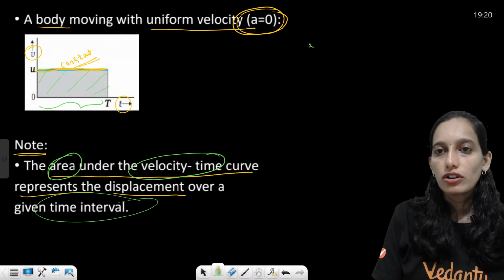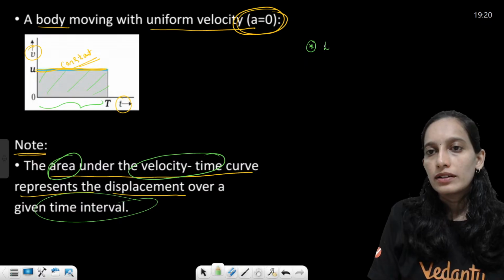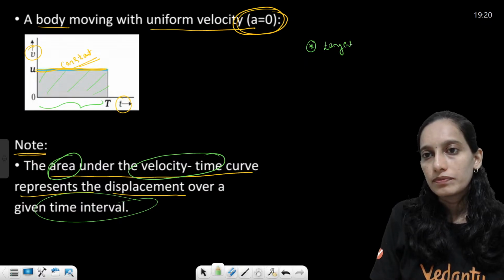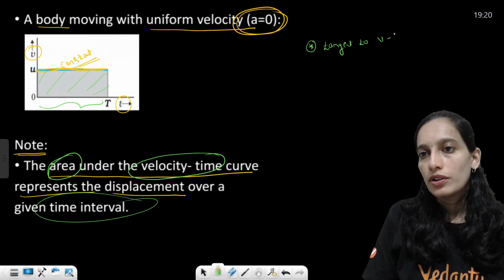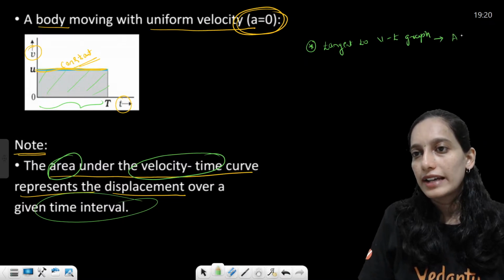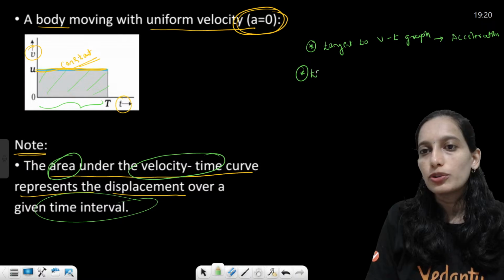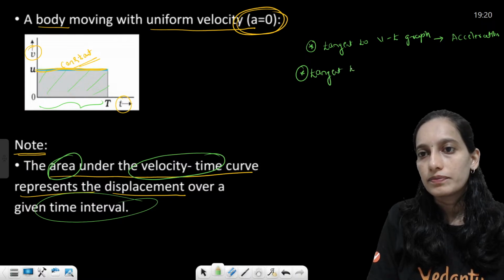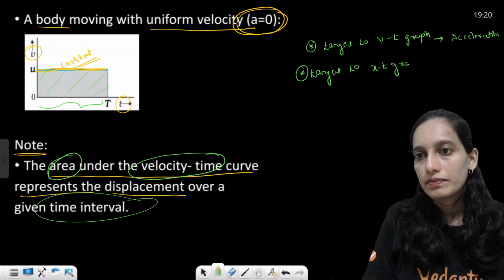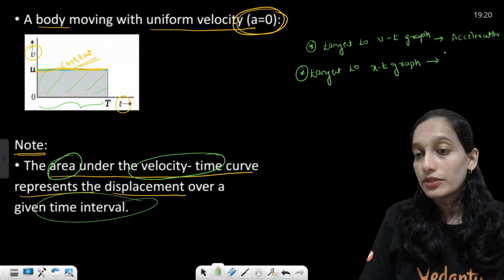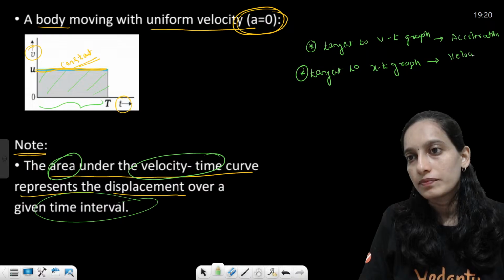Along with that, you can also remember two facts: the tangent to the v-t graph gives you acceleration. Similarly, the tangent to the position time graph, I'll write it as x-t graph, gives you velocity.